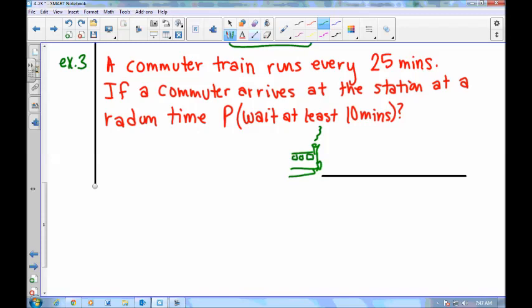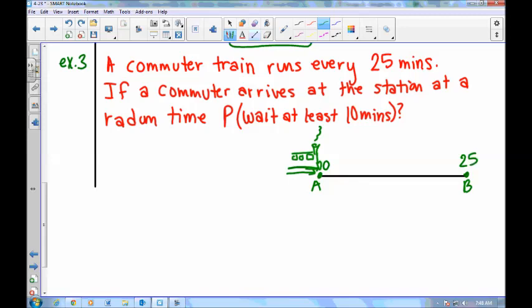Okay, there's the front of my train. Okay, smoke coming out. Train A has just taken off at 0. Train B will come 25 minutes later. So there's space in between.